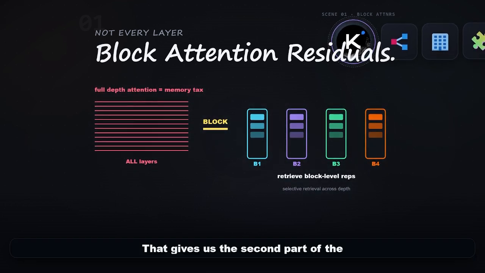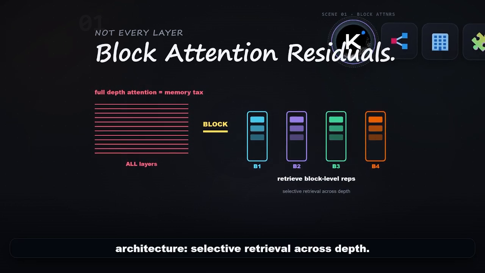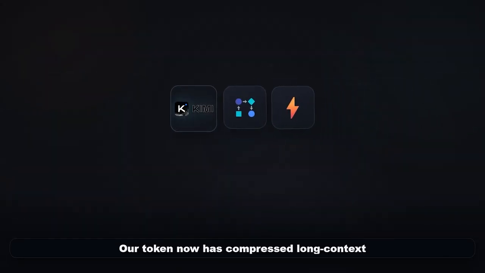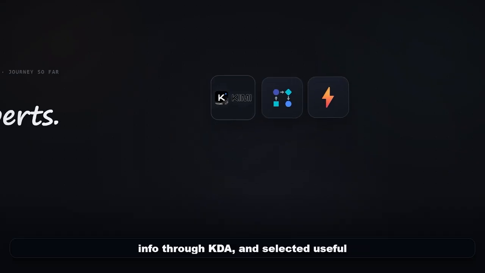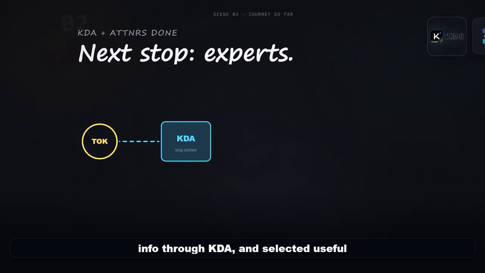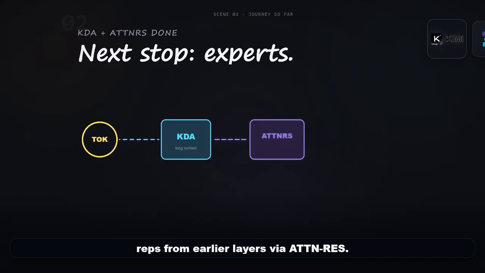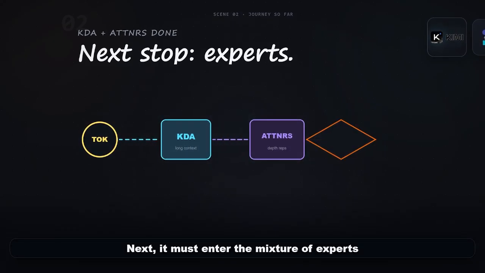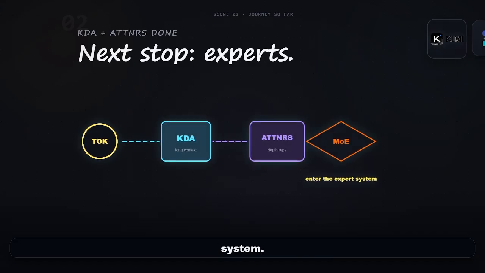That gives us the second part of the architecture, selective retrieval across depth. Our token has now received compressed information about the long context through KDA and selected useful representations from earlier layers through ATTN-RES. Next, it must enter the mixture of experts system.